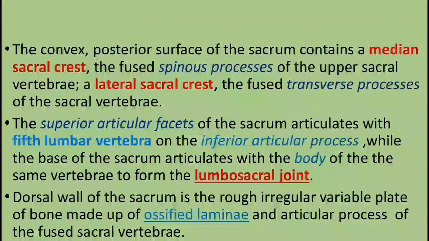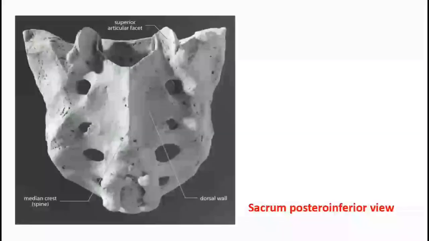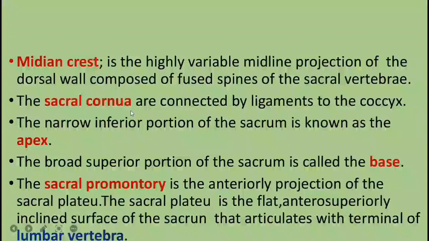So most of the features of the sacral vertebrae are fused features of the vertebrae, which we did during the discussion of other vertebrae. We have the dorsal wall at this level, superior articular facet, and the median crest. So this is the posterior view of the sacrum, and that's all.